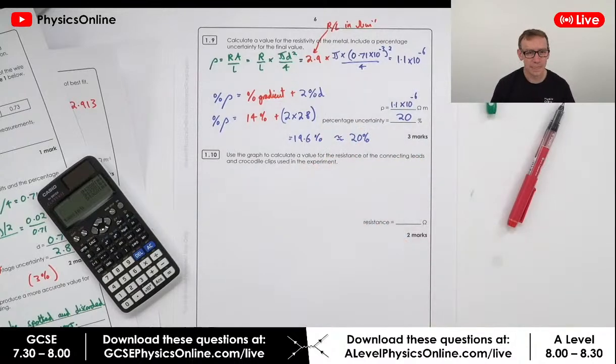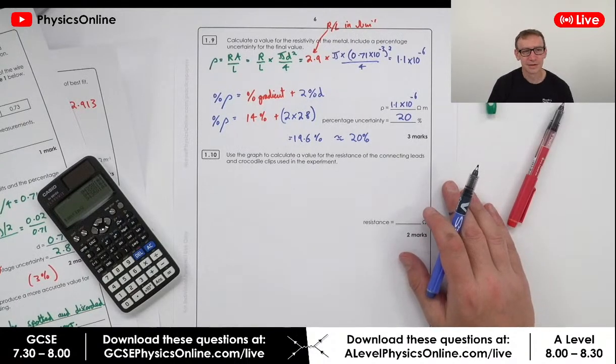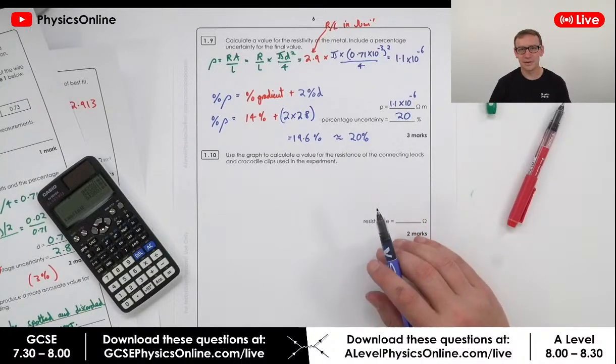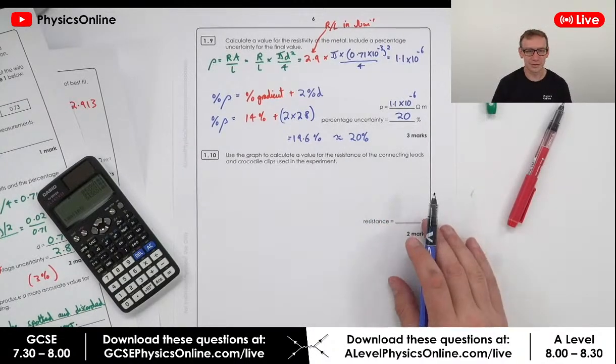Okay, use a graph to calculate a value for the resistance of the connecting leads and crocodile clips used in this experiment. So this question here is actually quite a difficult part. And this is the kind of thing that's going to separate the B grade students, the A grades and the A star students.